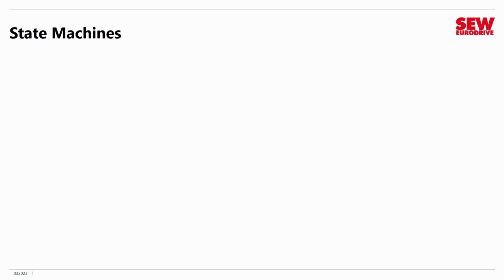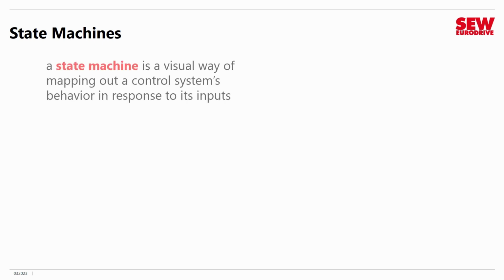So first of all, let's just define what a state machine is. It's a visual way of mapping out a control system's behavior in response to its inputs. Control systems, as you know, have inputs that govern how they behave, they have outputs that they change, and they make decisions along the way to manipulate information.